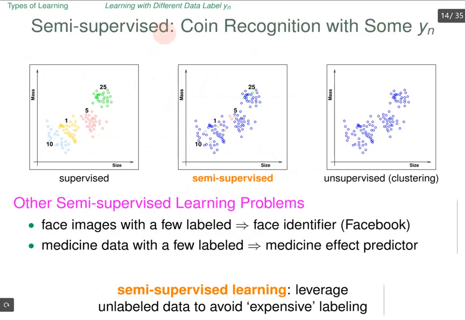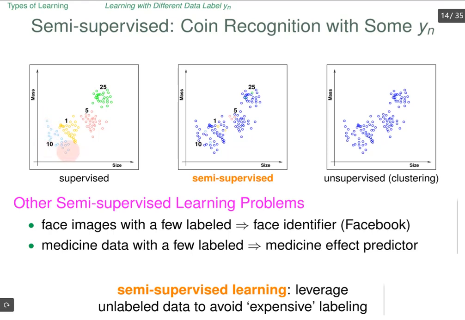So another interesting problem is called semi-supervised learning. Here we have the same coin recognition problem, but with some or partial y's. If we take a look at the supervised case, we have all the coin examples labeled.